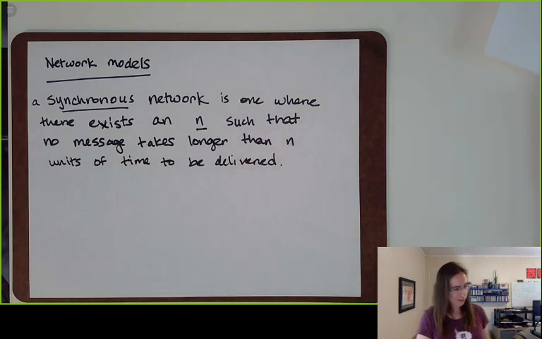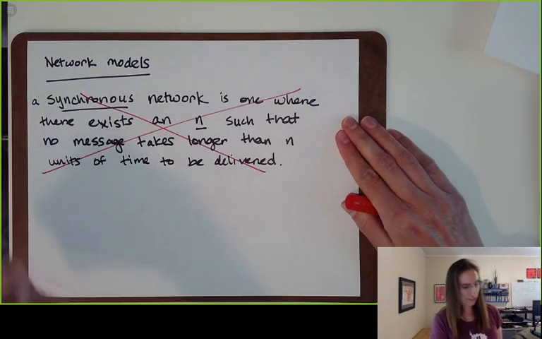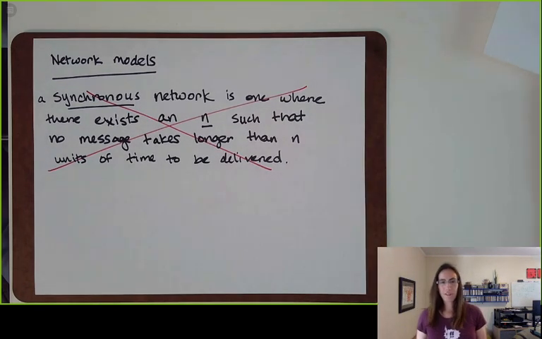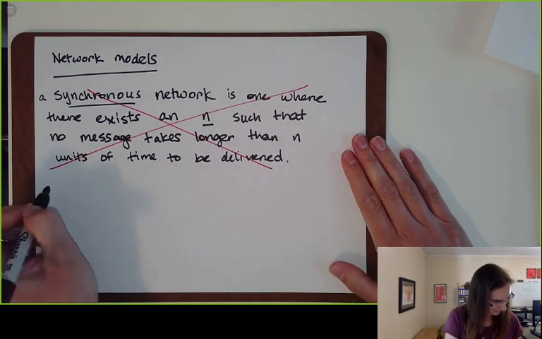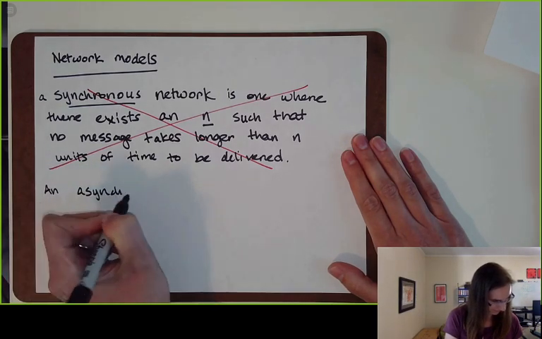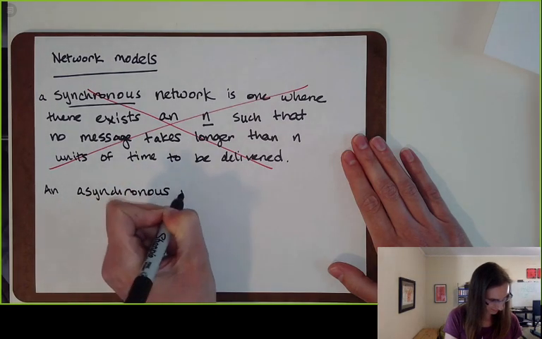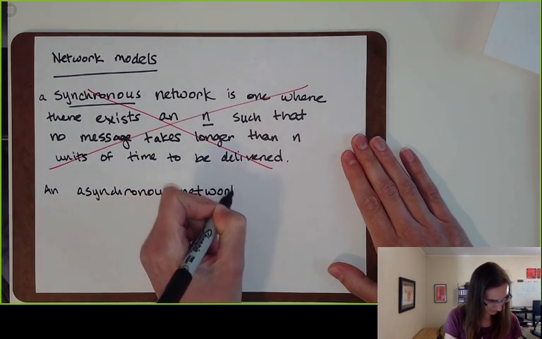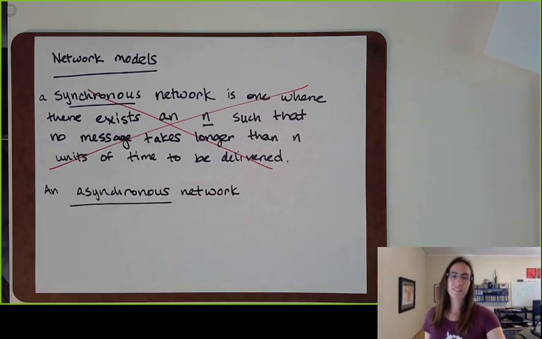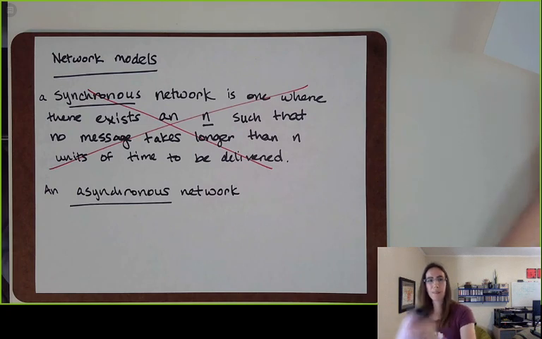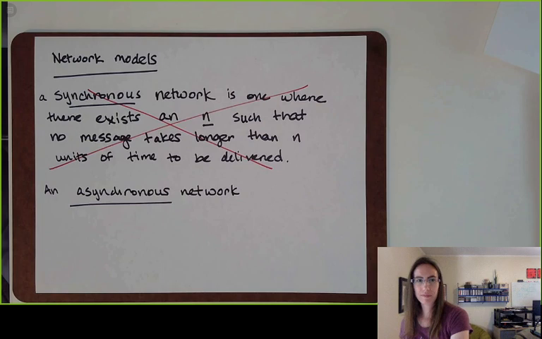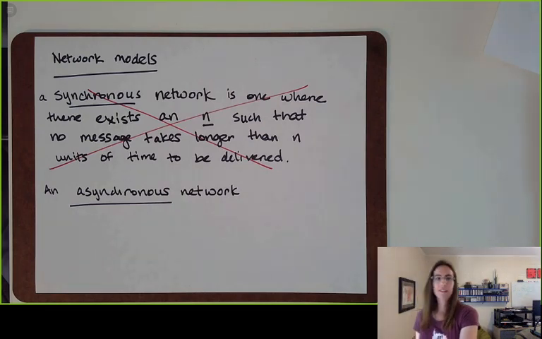Let us speak no more of the synchronous network model. What other network model is there? Well, an asynchronous network. What do you think an asynchronous network is? Unbounded latency. Good.